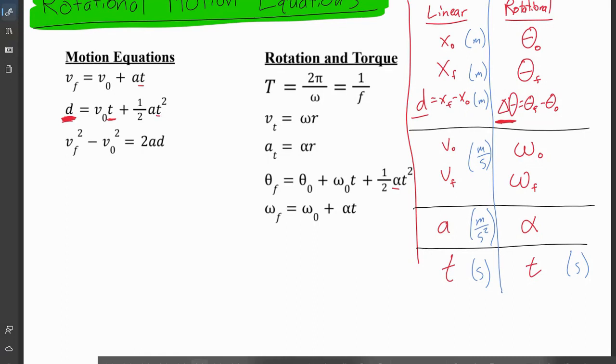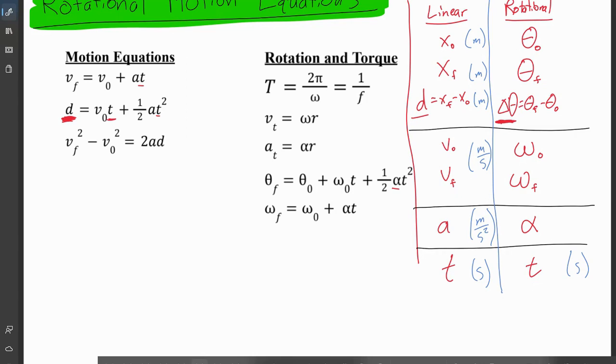Rotation, though, for position, angular velocity, and angular acceleration, so theta, omega, and alpha, this is going to be a little strange, but we're going to get used to it since we use it over and over. We will do this in radians. Now, this doesn't mean that your calculator has to be in radians. I want to make sure you know that.